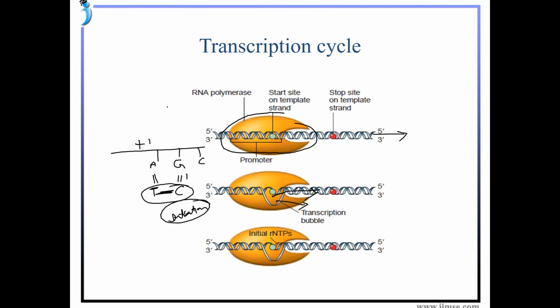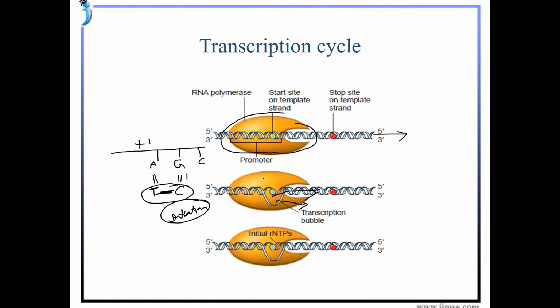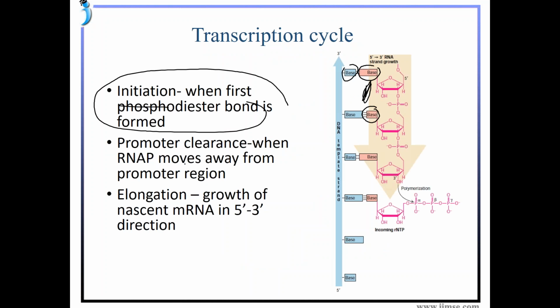Then what is promoter clearance? Once this RNA polymerase moves forward by continuously synthesizing RNA, it will leave the promoter site. That is called promoter clearance, when RNAP moves away from the promoter region. And elongation: phosphodiester bonds form continuously between bases, and nucleotides randomly come and bind.